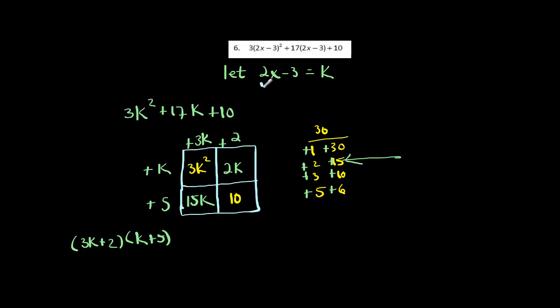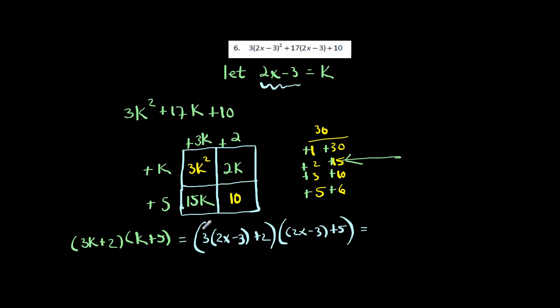Now remember, k equals 2x minus 3. So what we're going to do is substitute 2x minus 3 in for k on both parentheses. When we do that, we use parentheses.